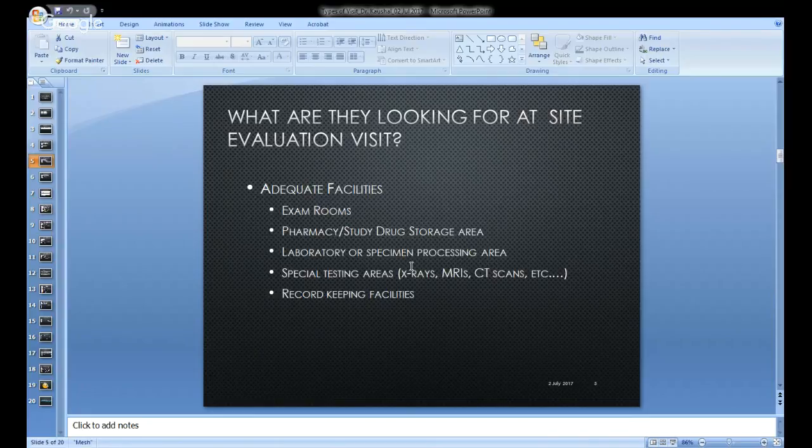Again, we take a very good example of an oncology trial. What is preferred? Something we call a PET scan. PET scan is something which not every setup would have in-house. So if it is not in-house, how are you managing it for your study? A nearby facility? Or if it is in-house, is it as per the requirement? What is required?